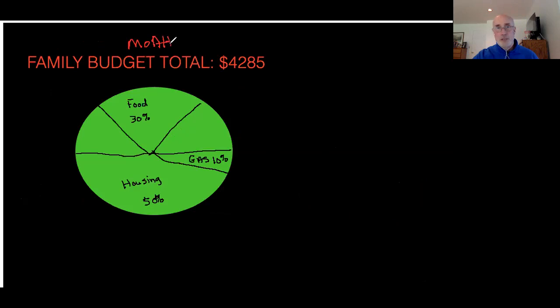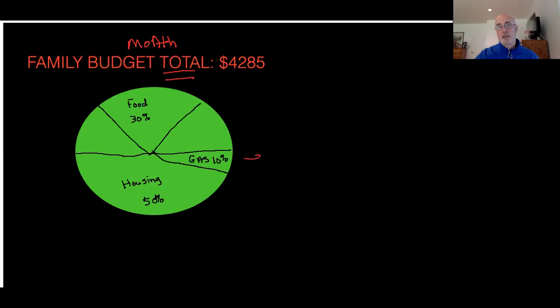That's how much they could spend per month on everything. That's their total budget here, okay? And let's say that they spent 30% on food, 10% on gas, and 50% on housing. And somebody asks you, how much money exactly are they spending on gas per month? Okay, how would you figure that out?